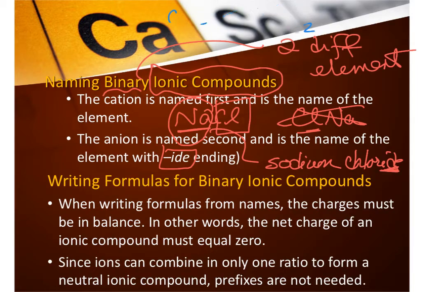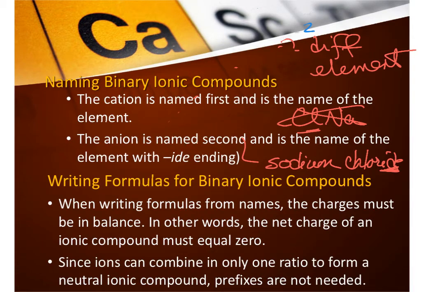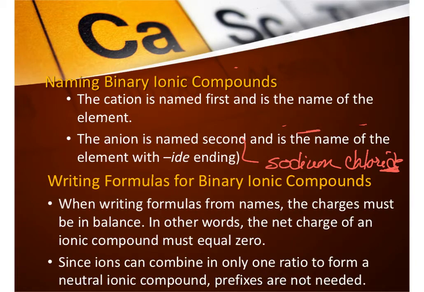in an ionically bonded compound, they can combine in only one ratio because they're charged, right? So every single compound as it exists in nature is overall neutral. Even though ionic compounds have cations and anions, overall their net charge is 0.